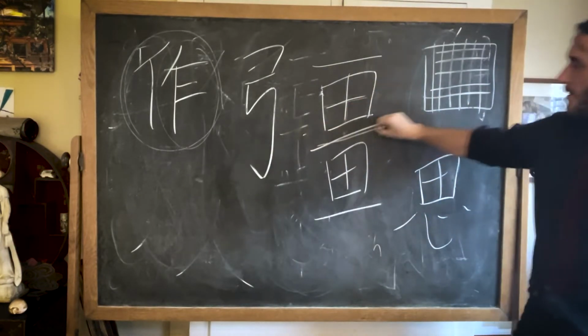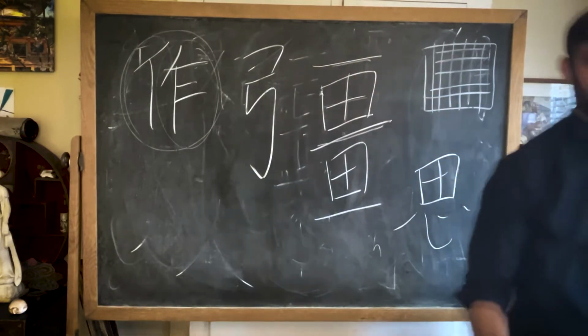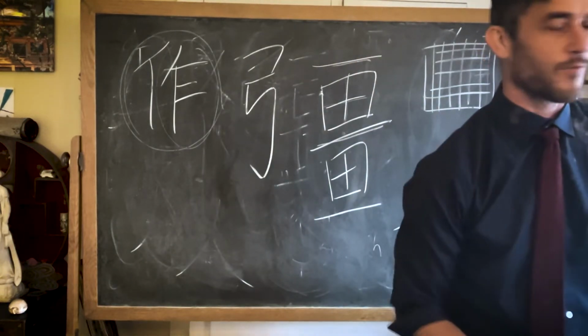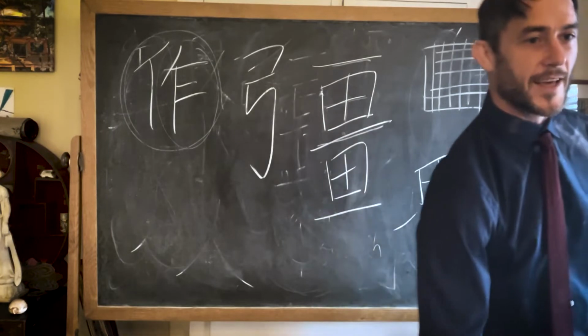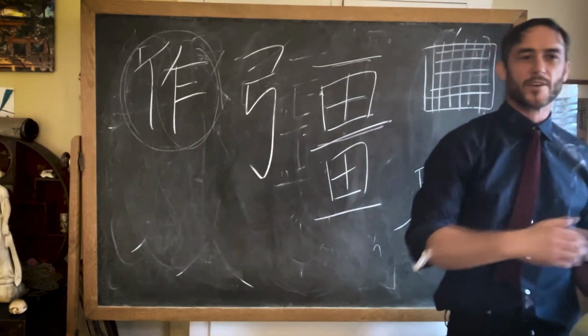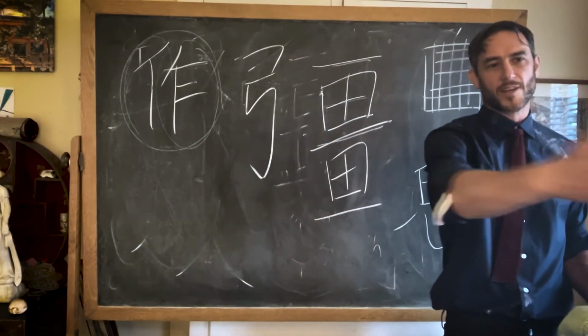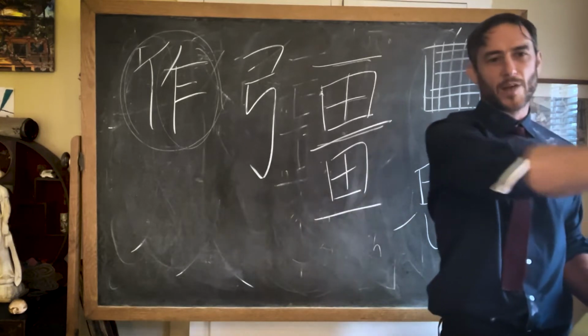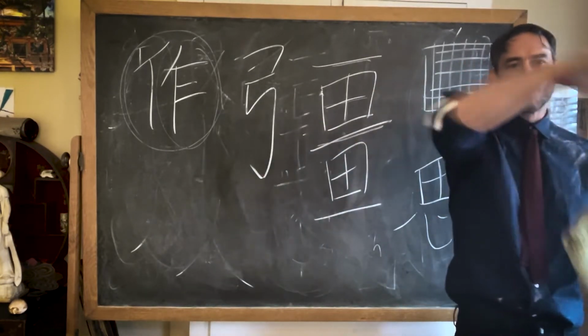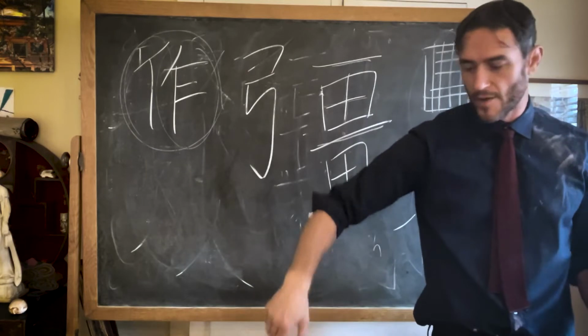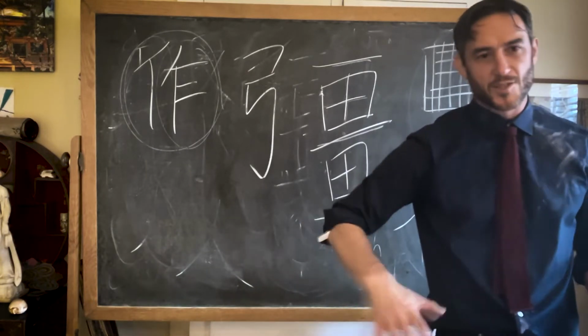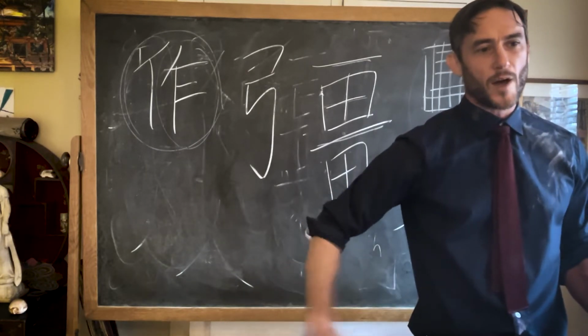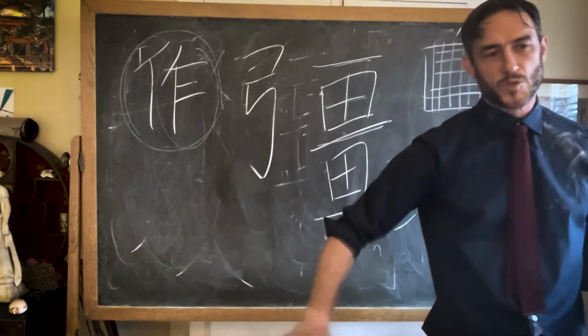But you also have these lines here, and if you've ever seen fields even today, those that aren't irrigated by these large irrigation pipes that move in circles and water everything, you see them from above when you're flying. You'll see these circles on the ground below you from the plane where it's being irrigated.